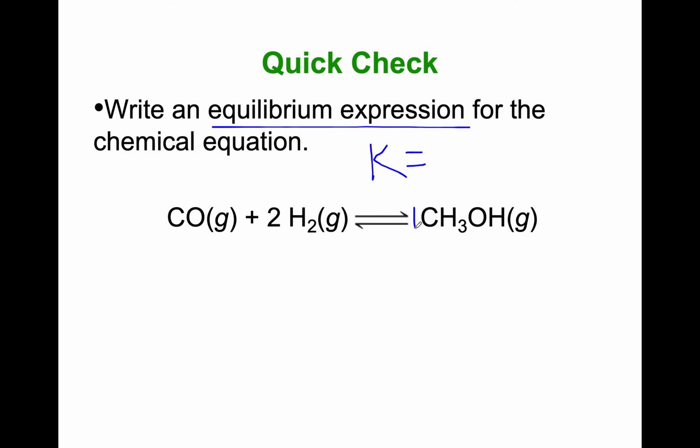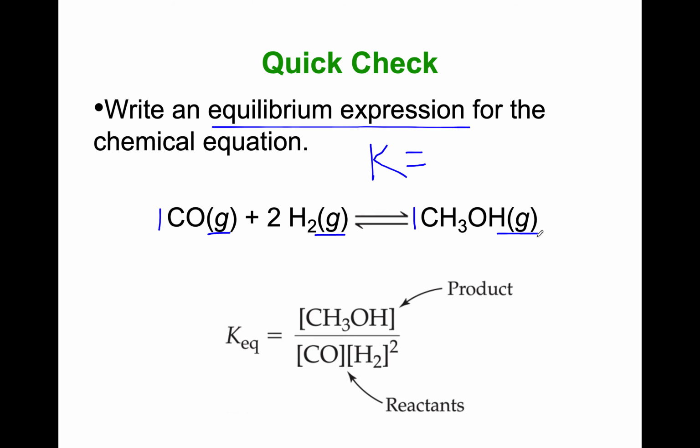First, the coefficients, that's 1, 2, 1. Those are going to be the exponents. And as for state, here they're all gases. We just said the rule, if it's gases, it gets included.